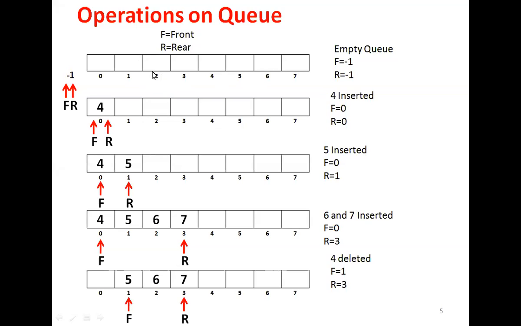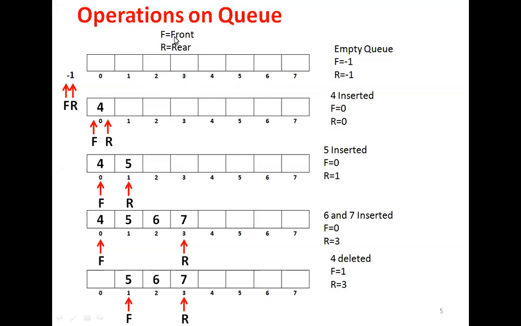And here there are two pointers, two terms we are using. One is front, and in short, in this case we are representing this front as f, and the other term is rear, and in short we are representing this as r.